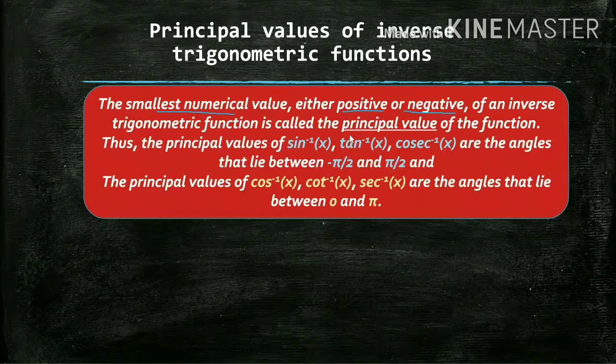Now an important trick or short note which you can use in your questions: whenever you are asked to find the principal values of sine inverse, tan inverse, or cosec inverse, those angles would lie between minus pi by 2 and pi by 2. I am not including the endpoints pi by 2 and minus pi by 2.